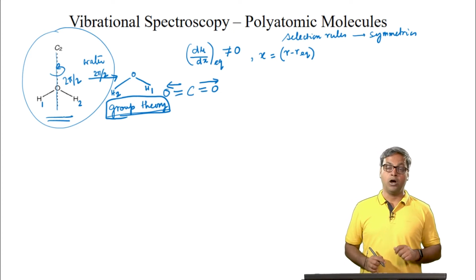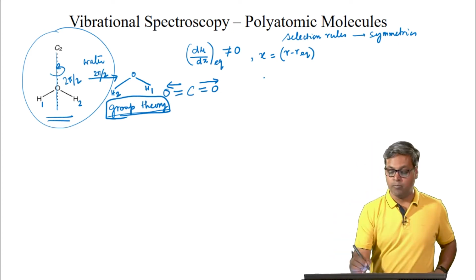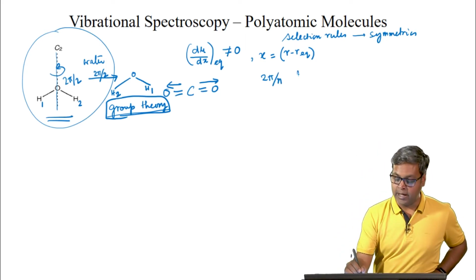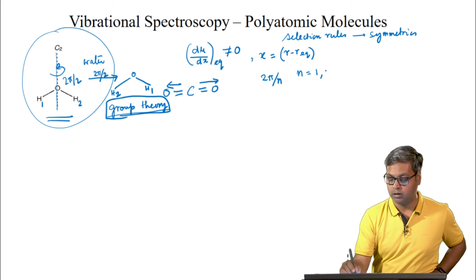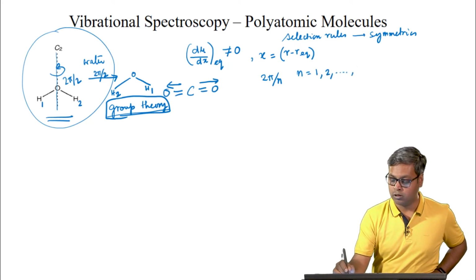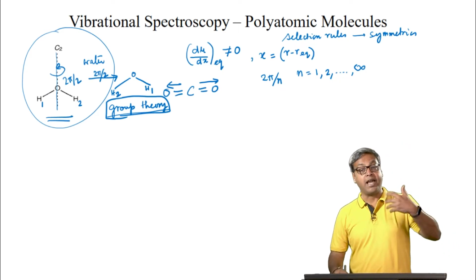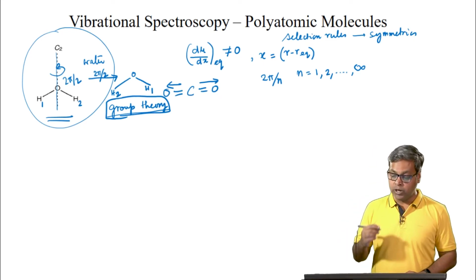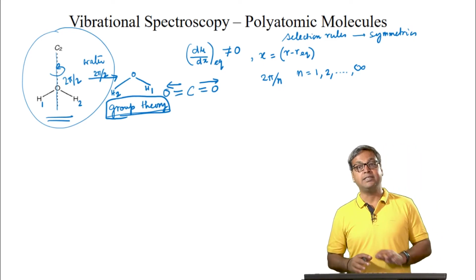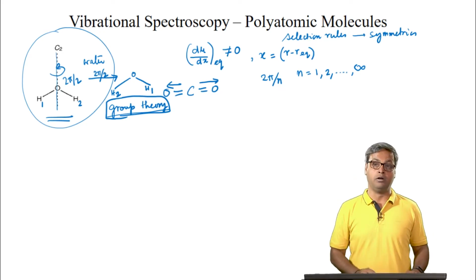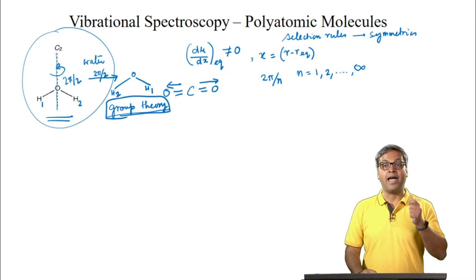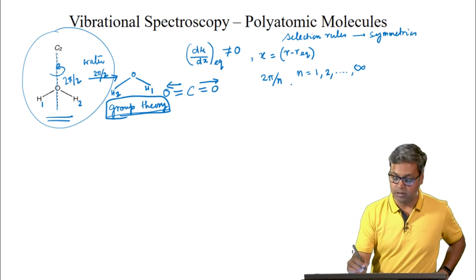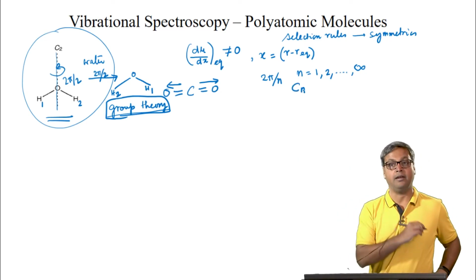In other words, if rotation of any molecule by 2 pi by n radians, where n can be 1, 2, and so on up to infinity, about an axis produces an equivalent configuration which to a stationary observer is indistinguishable from the initial one, the molecule has an n-fold axis of symmetry, and the symbol for such a symmetry is C n.